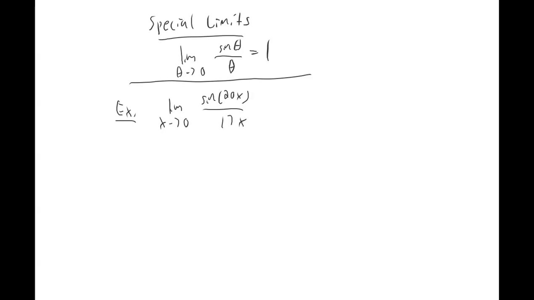We're going to 0 here. And if I have the same input compared to the bottom, the limit is 1. But right now, I don't have the same input, agree? If the bottom was 20x, it would be great.